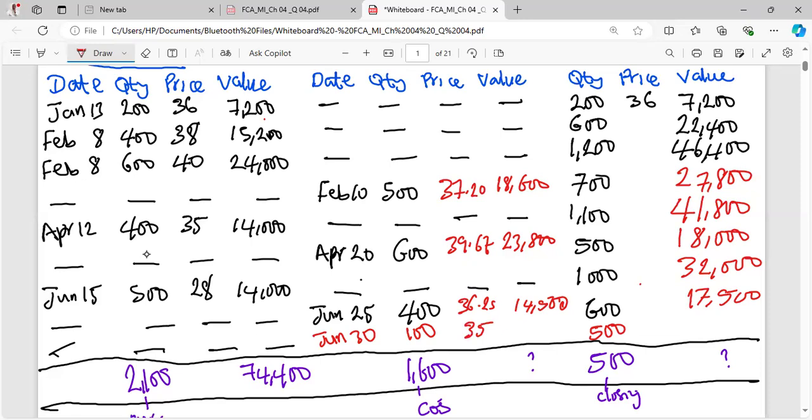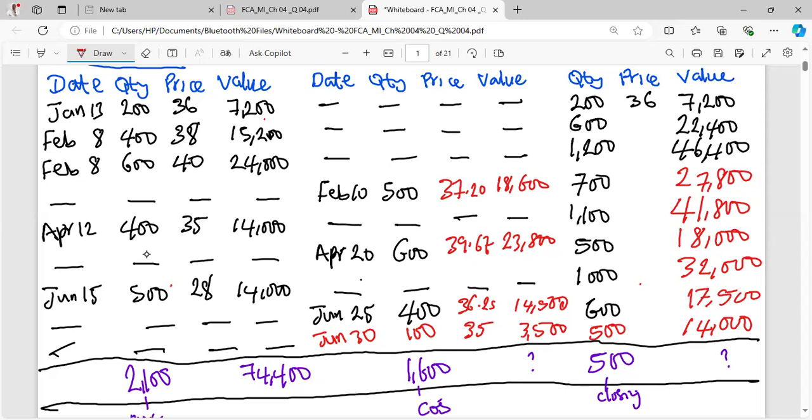So 35 times 100 will give us 3,500. So when we remove 3,500 from 7,500, we have 14,000. And interestingly, this 500 is the same as this 500 that is left here, that was brought in.